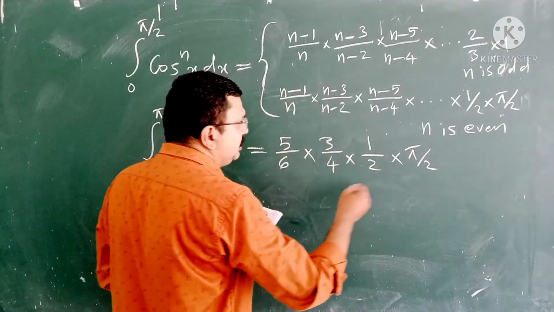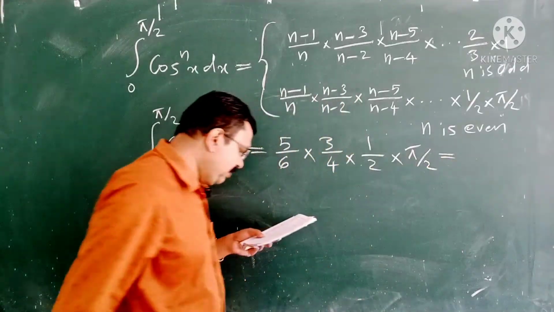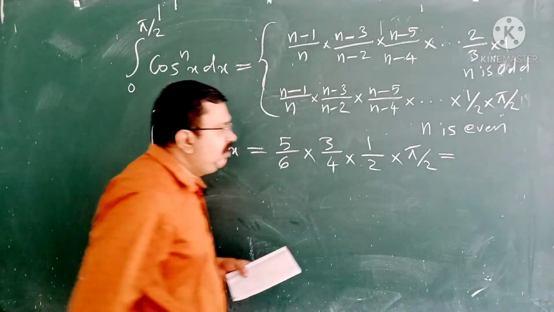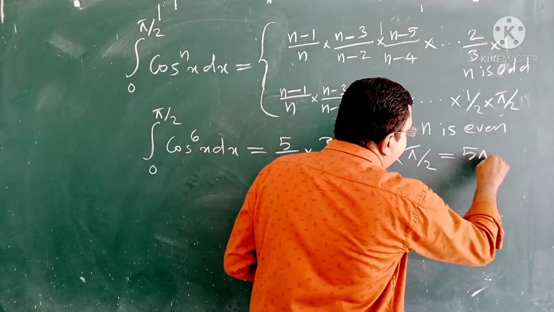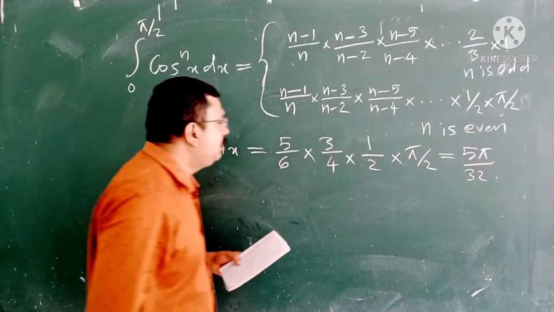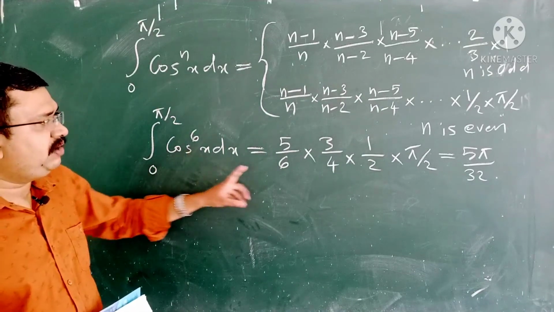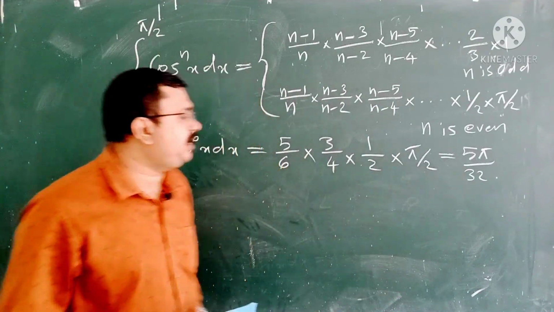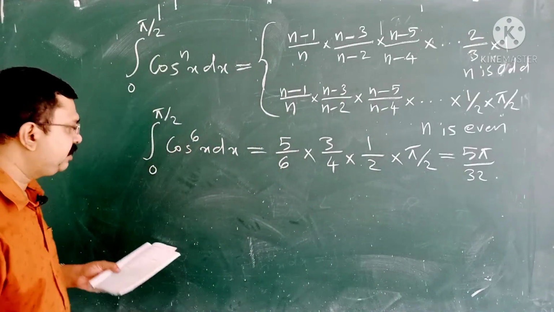Its final answer, when we solve, we get 5 pi by 32. When n is even, we will get 5 pi by 32. Here cos raised to 6.